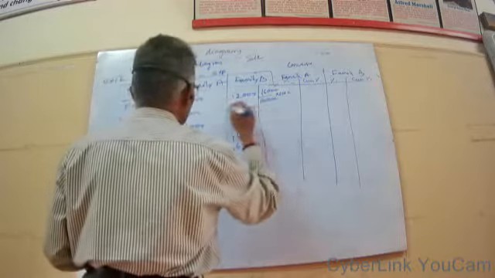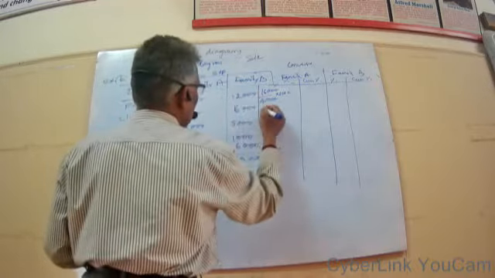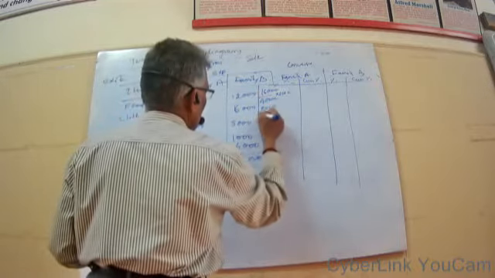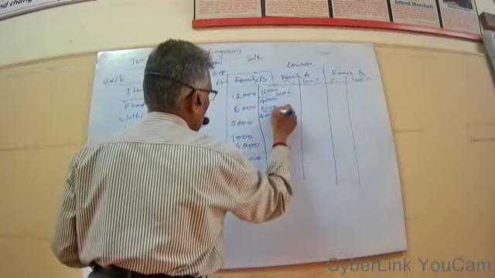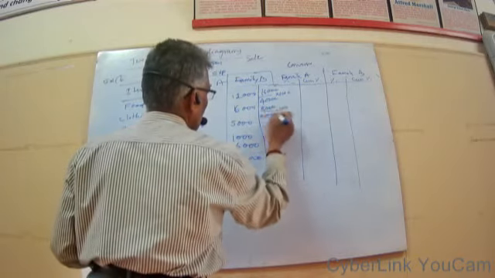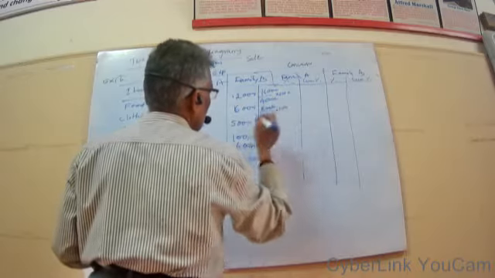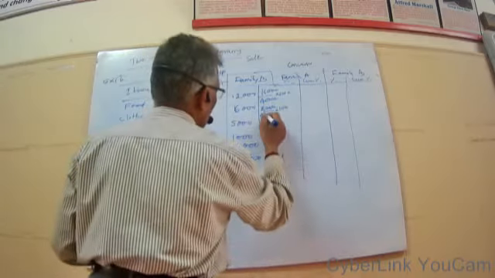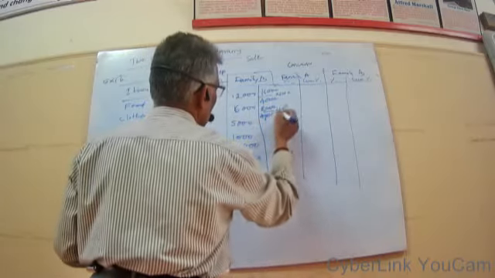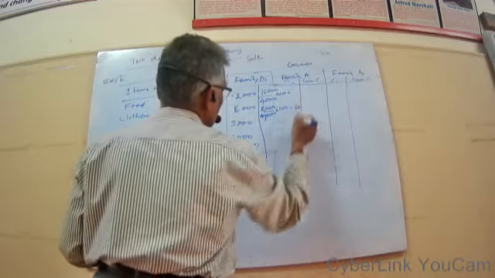The second is 8,000 divided by 40,000 multiplied by 100. That cancels, so 1 upon 5 is equal to 20%.